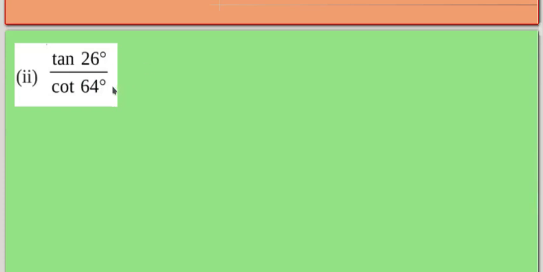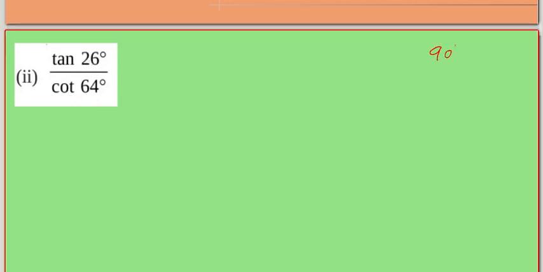Tan 26 over cot 64. We know very well that tan and cot are complementary functions, and we can change either one in terms of the other. From 90, if we subtract 26, 10 minus 6 is 4, and 8 minus 2 is 6, we get 64. So how can we write tan 26 degree? Tan of 90 minus 64.